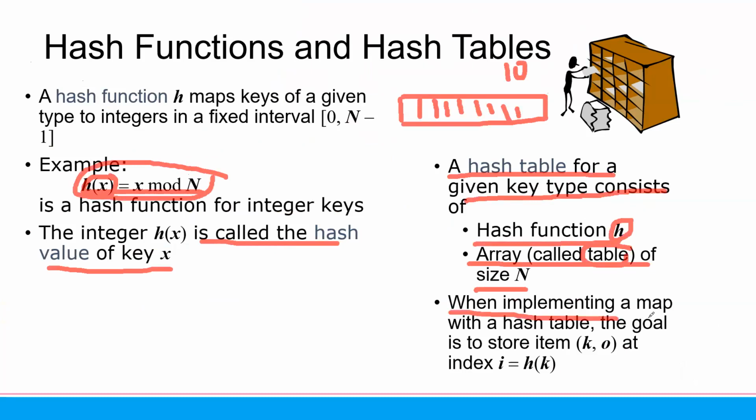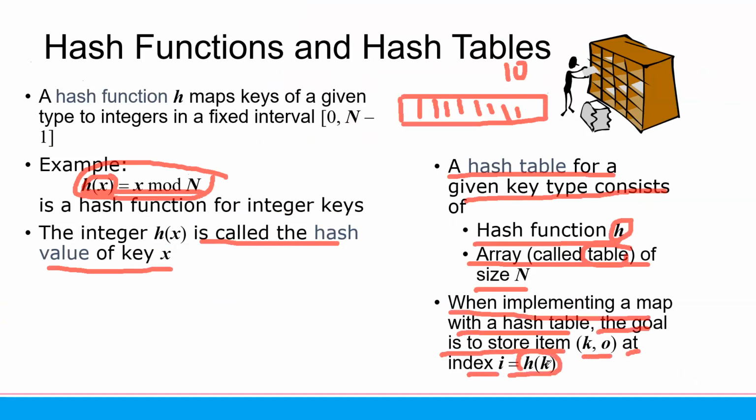When we implement a map with the hash table, the goal is to store the item (k, o) at the index i, where i equals h(k).